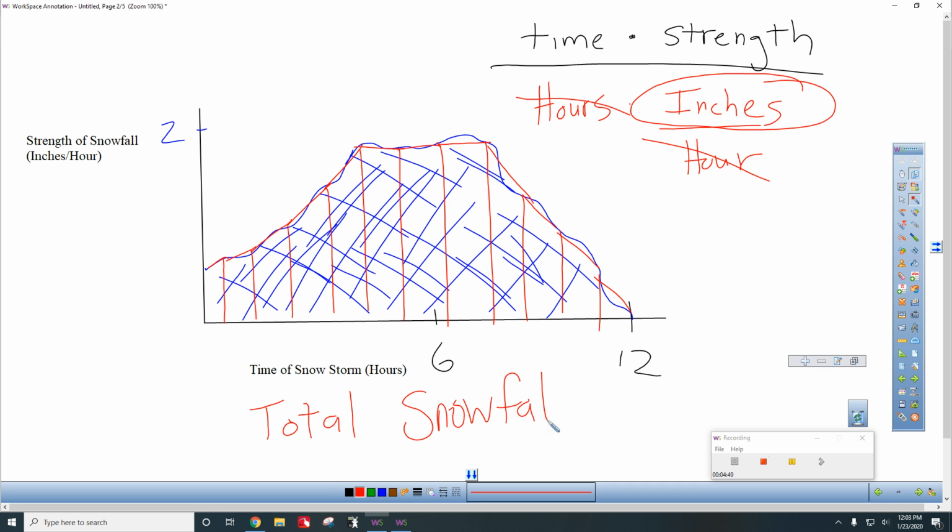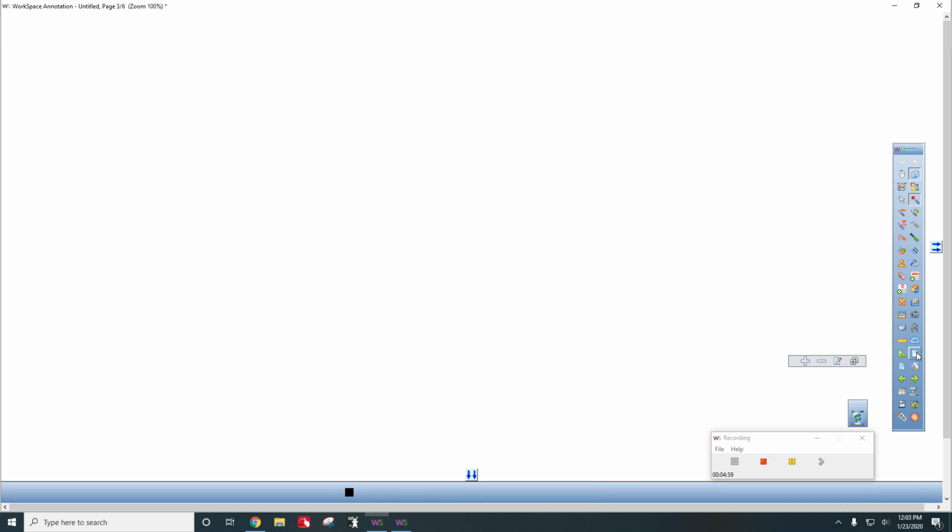So now you can apply that to anything that multiplies two things together, that adds a bunch of products. So what else might interest you?